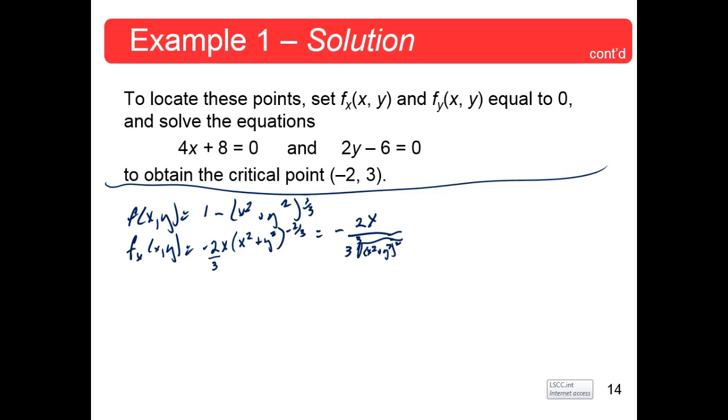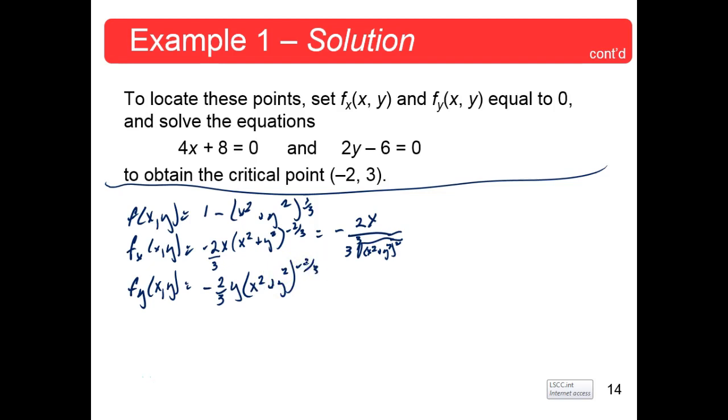Now, the question is, where are the values you investigate? Well, let's go and do the other partial first. Okay? What's your f sub y? It's negative 2/3, same as before, y times (x squared plus y squared) to the minus 2/3.